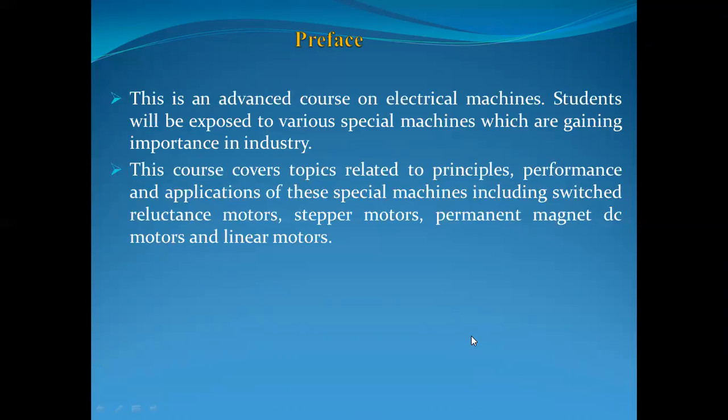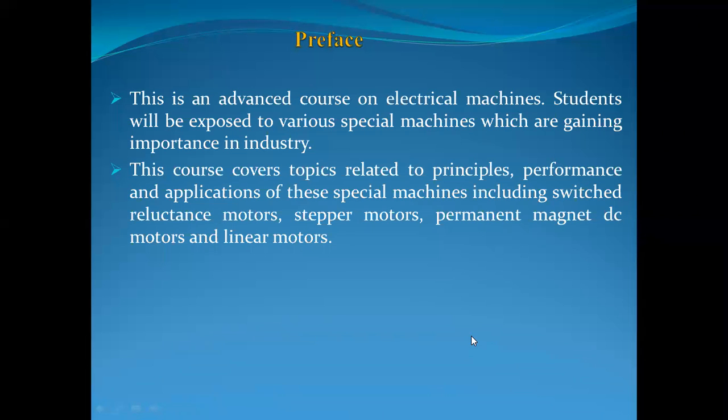With respect to the signals given to that motor, such as wash program, after washing, after spinning, these are the programs given to the machine. The machine operates according to whatever signal it gets. This is one of the best examples, one of the special electrical machines.